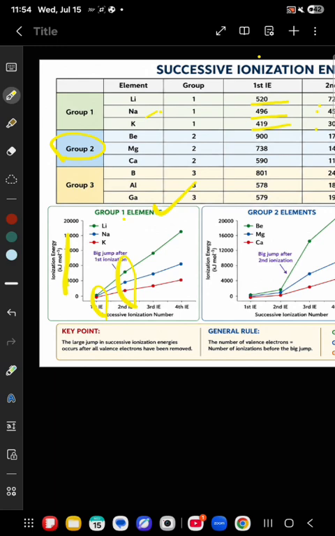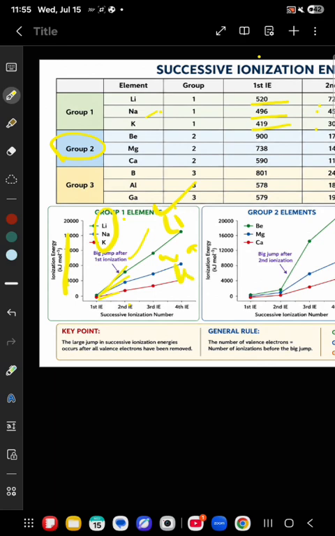So lithium has the highest ionization energy, then sodium, then potassium, because they are in one group, and down the group ionization energy values decrease. So if you compare their ionization energies, lithium has the highest. This curve is for lithium, this curve is for sodium, and this curve is for potassium.